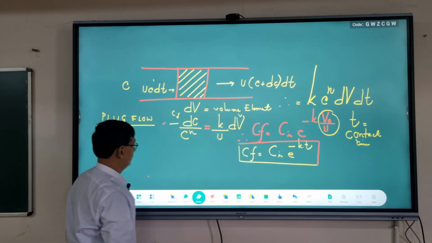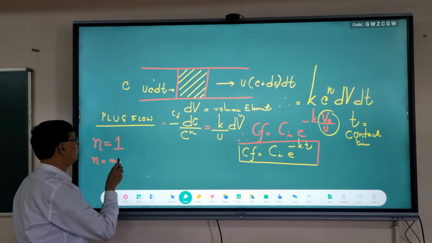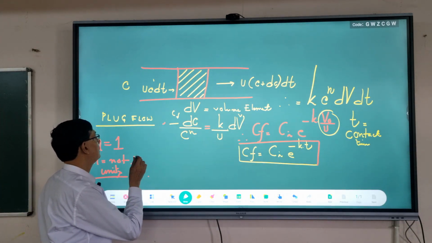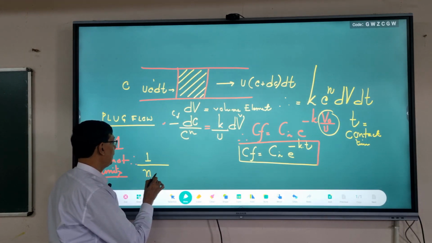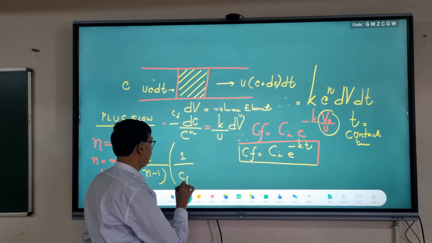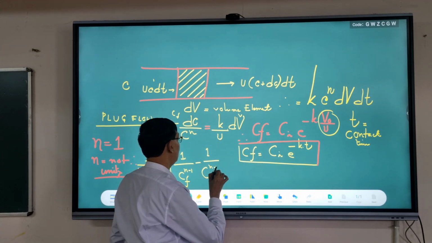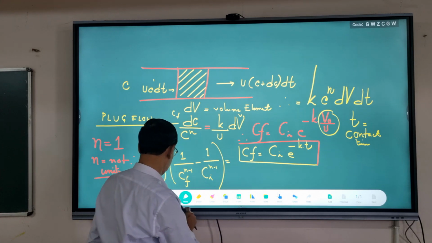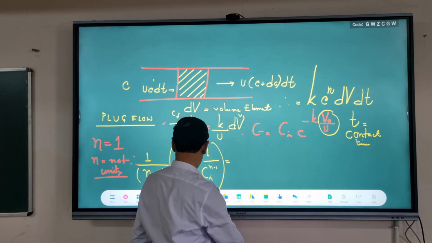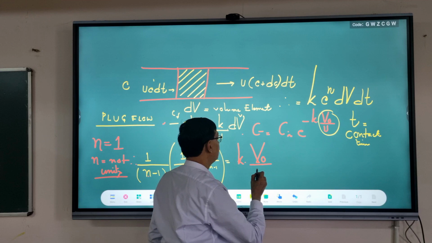Lastly, if n is not unity, suppose, your reaction will be 1 over (n minus 1) times [1 divided by Cf^(n-1) minus 1 divided by Ci^(n-1)] is equal to k V0 divided by u.